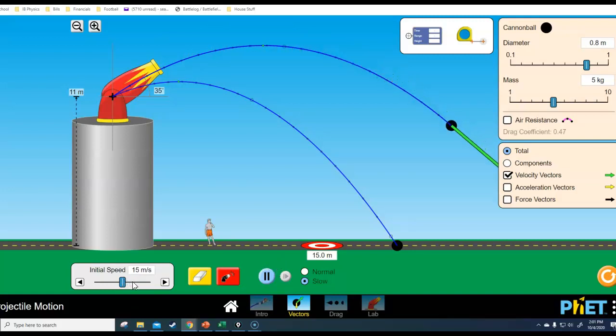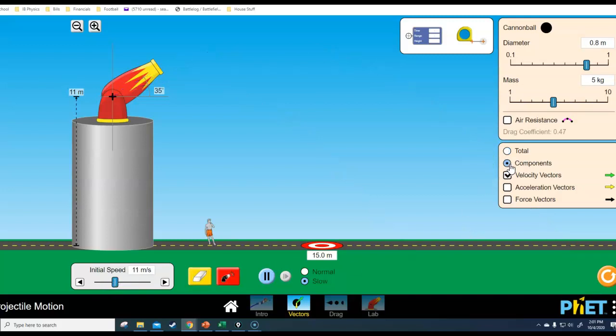Now to help us better understand how the velocity vector changes, I'm going to turn on components so we can see how this changes. I'm going to fire, and now notice we have 2 arrows, one representing the x component and one representing the y component of the velocity. And as the projectile goes through, notice that the y arrow, the y component of the velocity, becomes 0 at its highest point, and then the y component now is pointing down because now it's falling down and it's getting bigger.